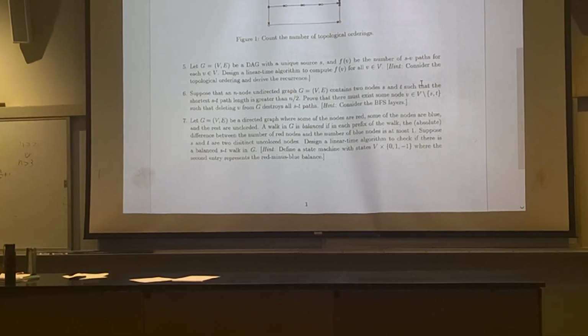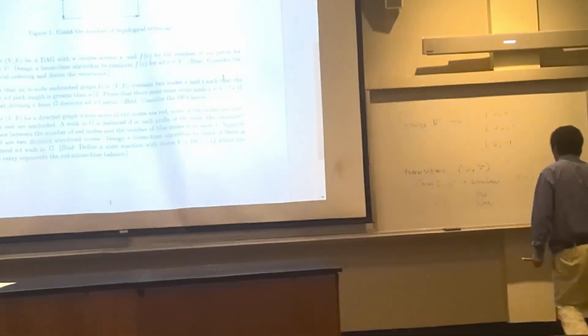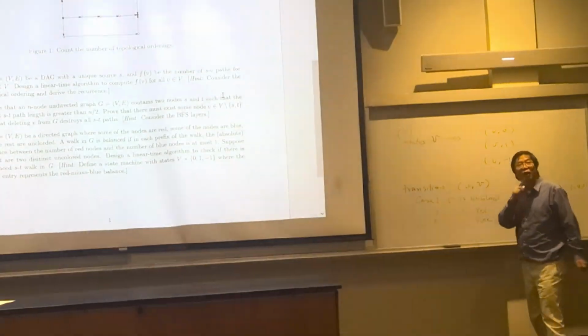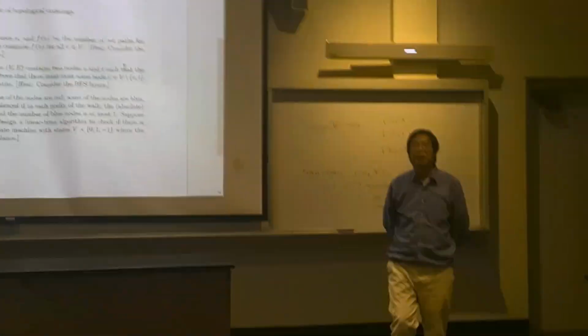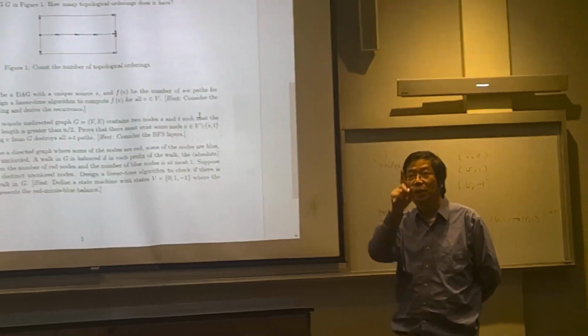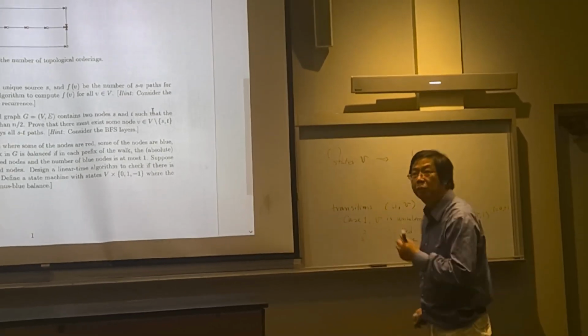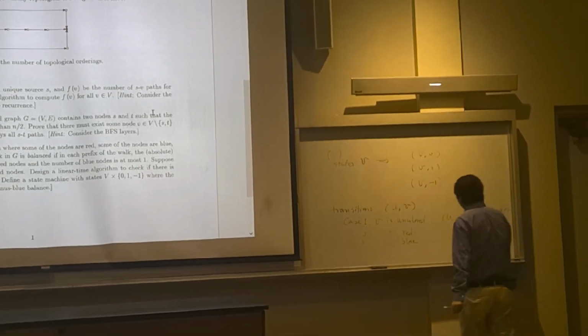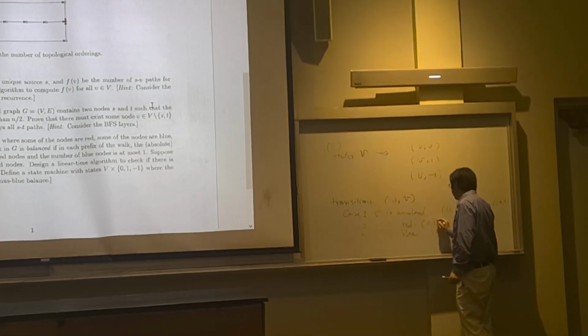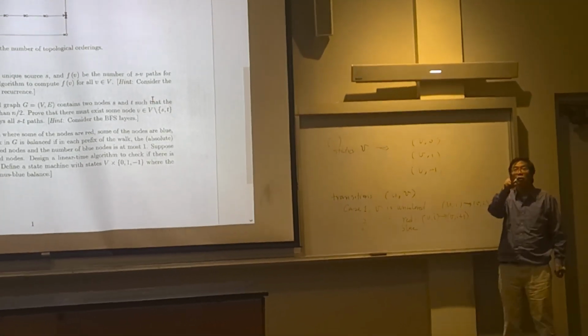Now if V is red, what can the transitions be? Patrick? U_i to V_{i+1}. Right, because we have one more red.